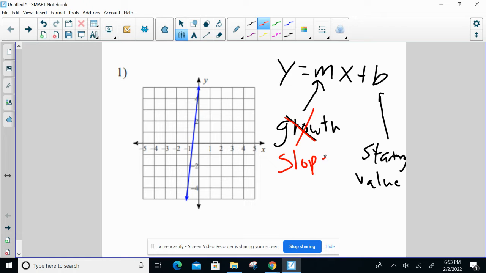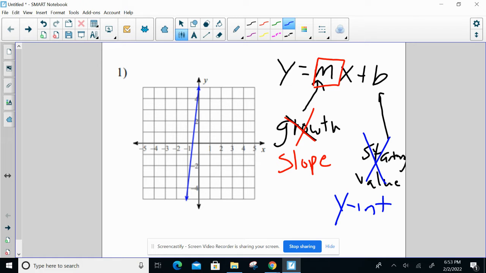So when we find slope for something, which we now know how to find for this kind of graph right here, you're going to put it right here. And we've talked about this before. The starting value is just your y-intercept. Where does the graph cross the y-axis?